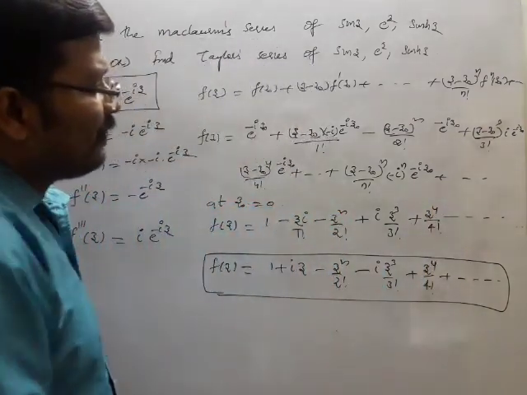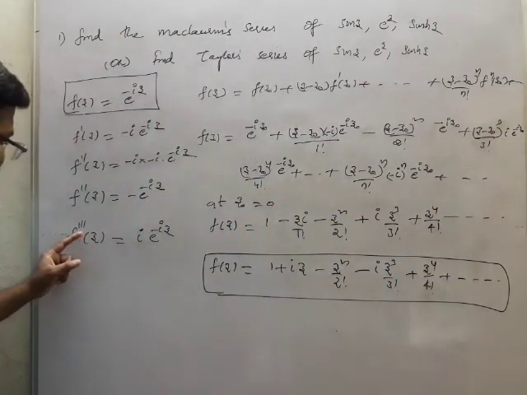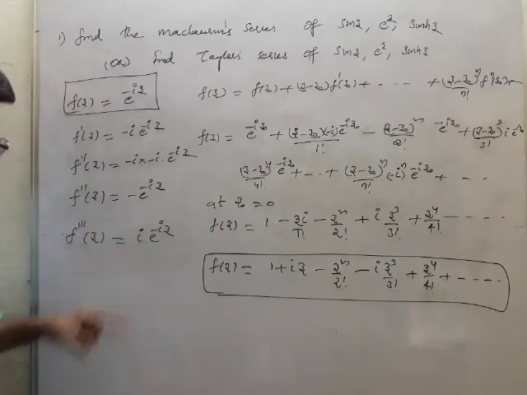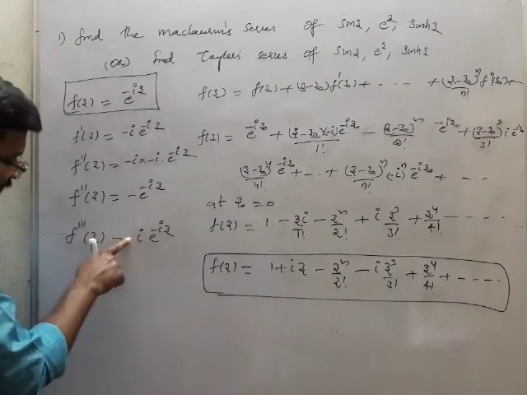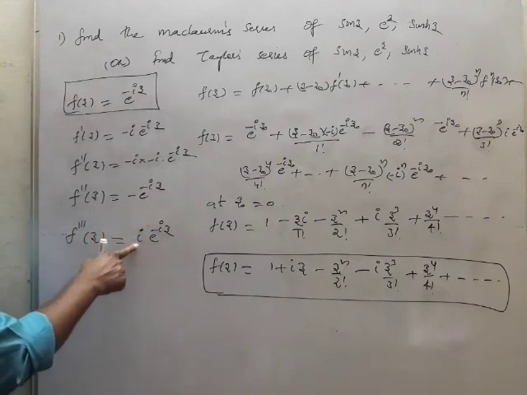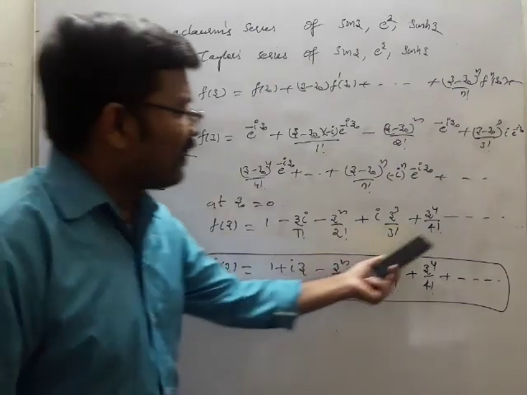So what is the answer now here? This is f triple dash of z, which is nothing but minus i minus, you will be getting minus i minus and the minus i, so you will be getting plus i. So this is what we got.